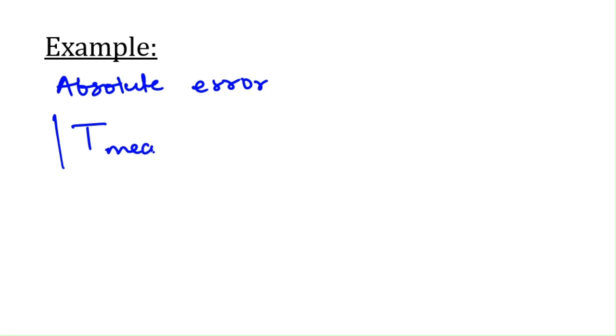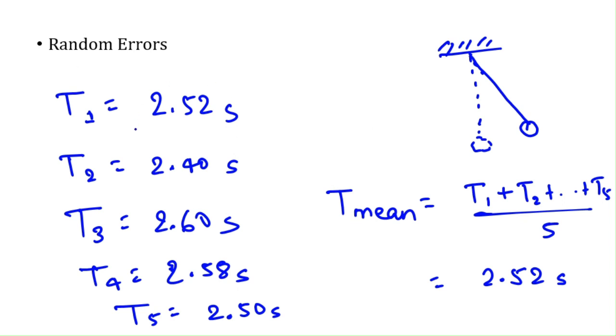We have the term absolute error. If we take the difference of the mean value and a particular reading, then we will get the absolute error for that reading. So let's take an example. The mean reading is 2.52 seconds and T1 is 2.52 seconds.